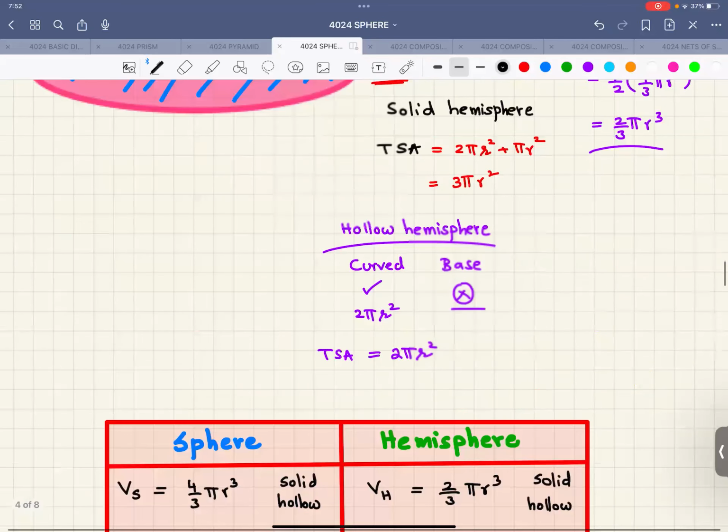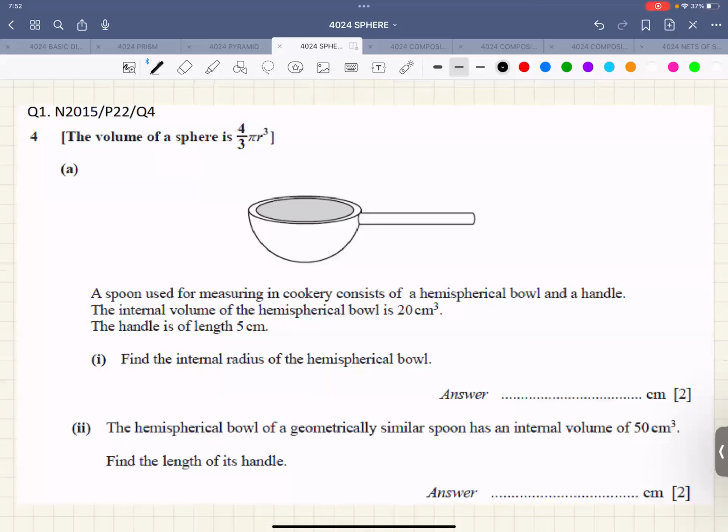Now let's look at this example, just go through it thoroughly, and then I'll start the working. Now over here, they have given us that the volume of a sphere is 4/3 pi r cube.